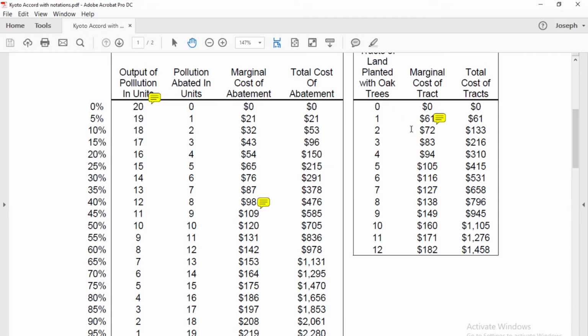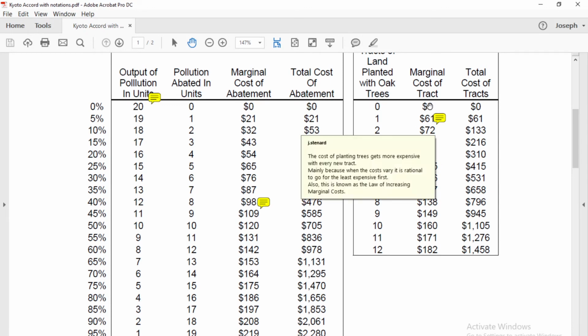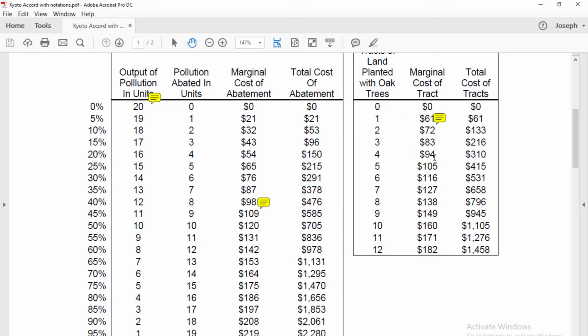Over on this side, they could do as many as 4 trees, since the 5th tract of trees and beyond is more than $100. It doesn't make sense to pay, say, $127 to plant trees just to avoid having to pay $100 in tax. But it does make sense to plant the 4th tree.